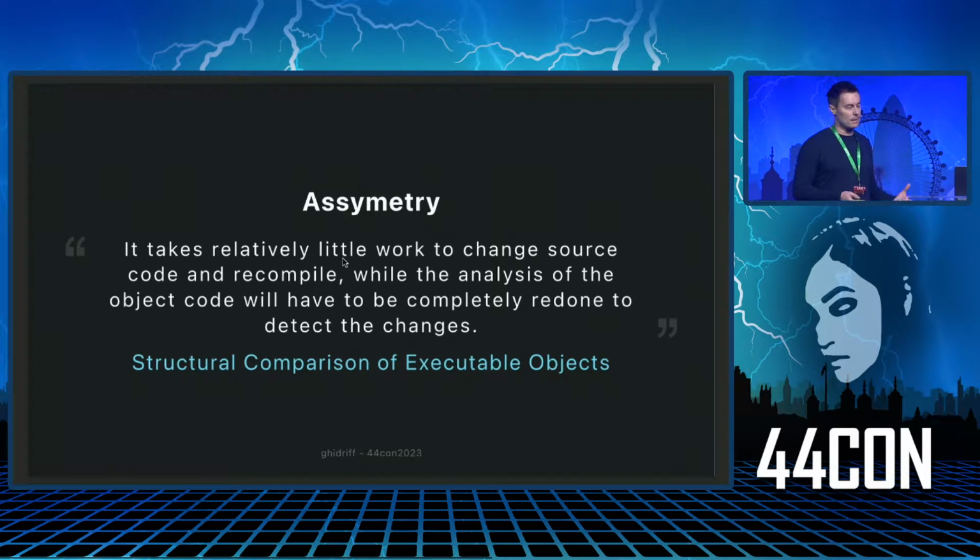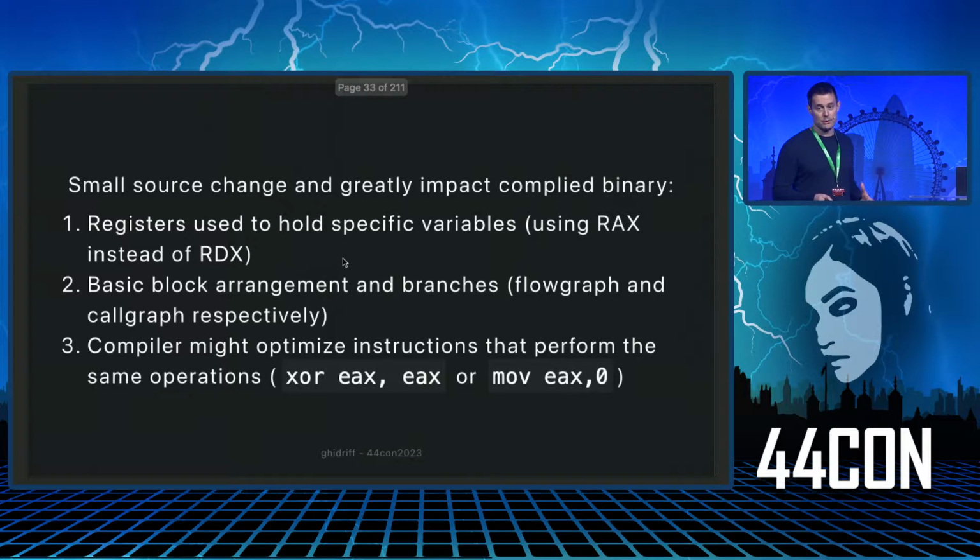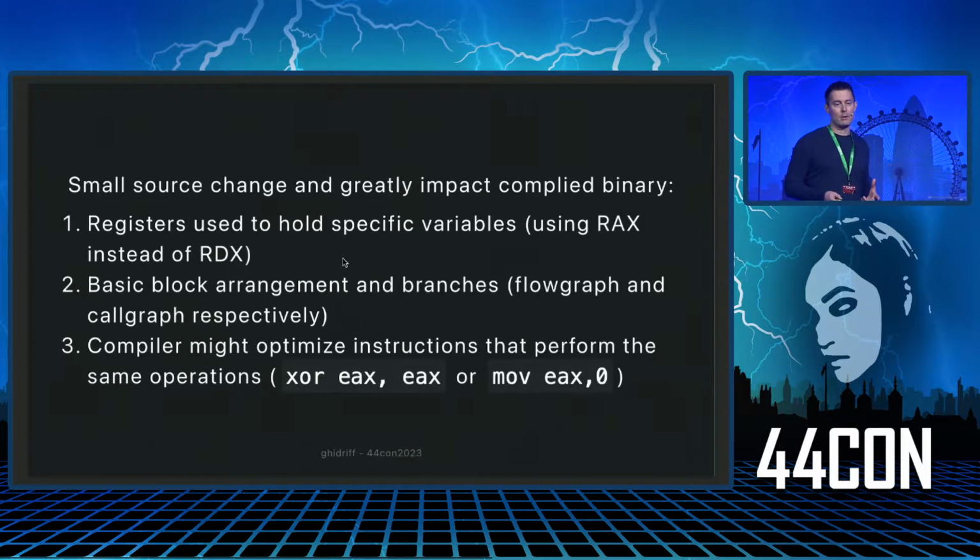He's just trying to say that a small source code change can really affect how the binary looks after it's compiled. There might be compiler optimizations that change it for the next compilation, or maybe the wind's blowing a certain way, and the next time you compile it, it's a little bit different. He's just saying generally it's not a fair problem.